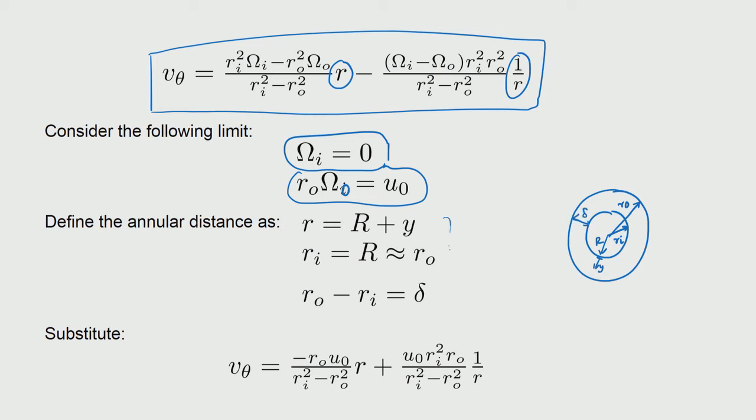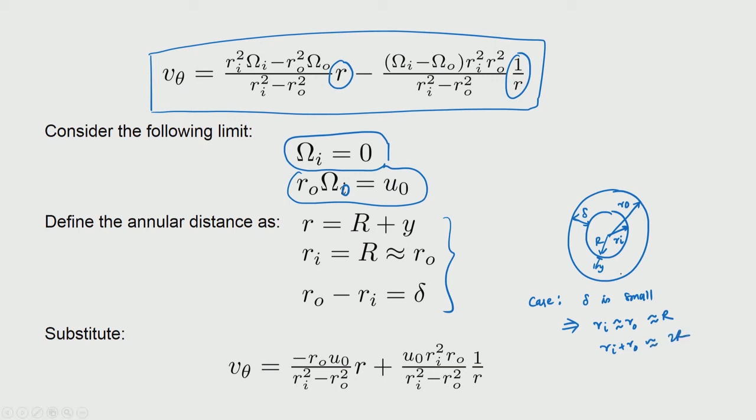So, when we define it that way, we want to do this for the case where delta is very small. Okay. And when delta is very small, it also implies that r I, r o are both very close to r. Which also means that r I plus r o is very close to 2 r, and so on. Okay.